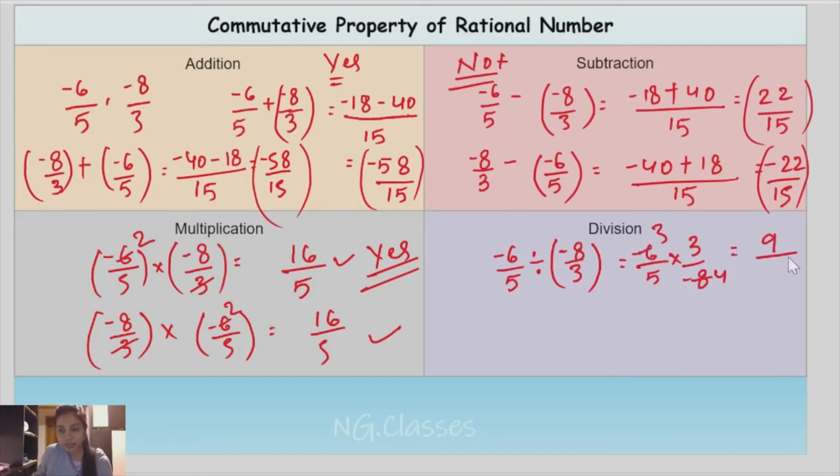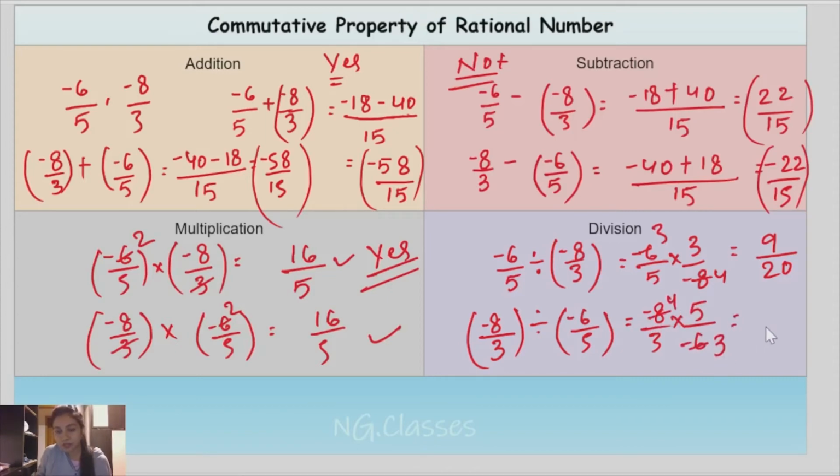So we are getting 9 by 20, right? What about when I change the place? What will happen? Negative 8 by 3 divided by minus 6 by 5. Dividing, we'll get minus 8 by 3 into 5 by minus 6.